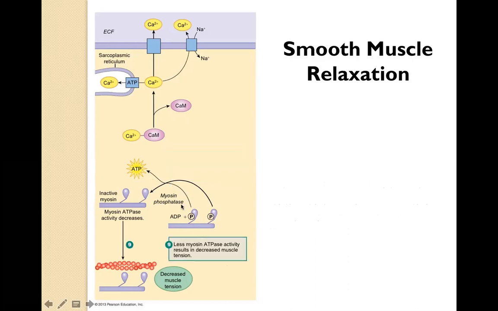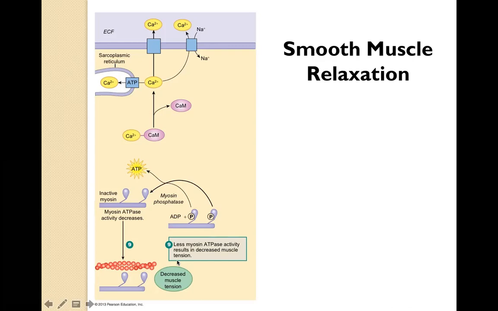And with less phosphate bound to the myosin head, you get decreased binding of the myosin head to the actin filament. And with decreased myosin head binding to the actin filament, you get decreased muscle tension. So there's no longer contact between the myosin head and the actin filament, and so the muscle relaxes.